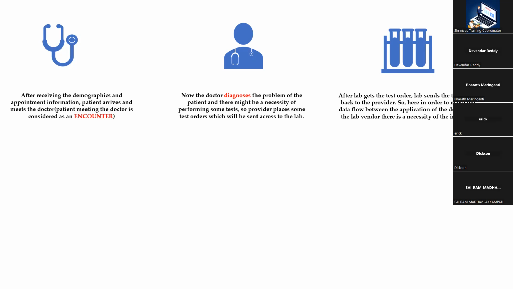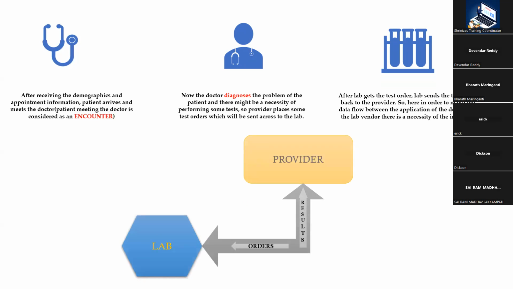And patient will go ahead and get the test done and they will come back to the doctor, right? And so doctor will place the order and that order will be sent to the lab. Lab will perform the tests and they will send the results back to the provider.